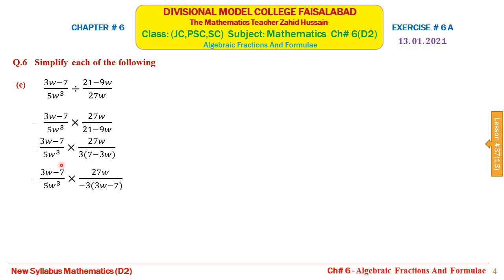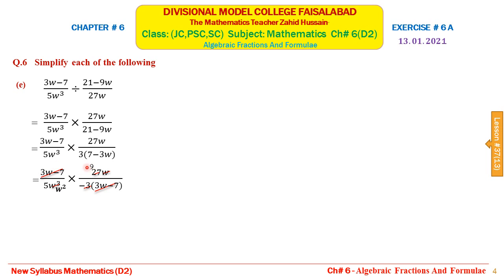Now 3w can be cancelled with 3w minus 7, and 3 ones are 3, 3 nines are 27. w ones are w, and w to the power 3 divided by w will give us w to the power 2. From the larger power we will subtract the smaller power, and we are left with 9 in the numerator of the second fraction, and there is 1.